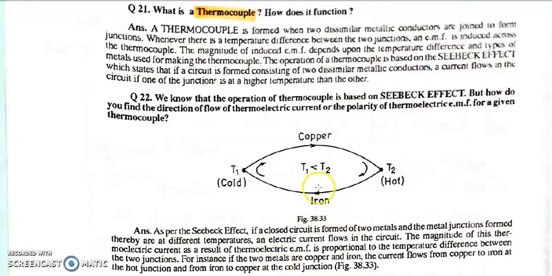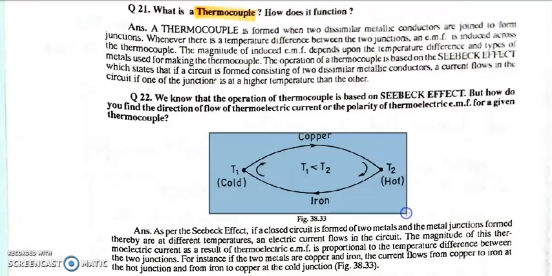First, what is a thermocouple? A thermocouple is actually formed by two dissimilar metallic conductors. Here in the diagram, you are able to see that there are two wires. The first is a copper wire and the second is an iron wire.